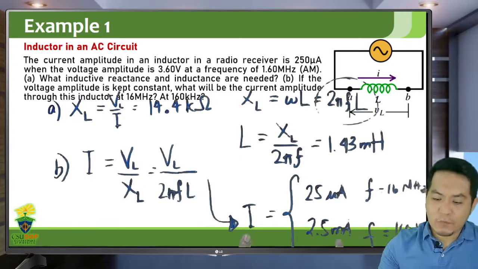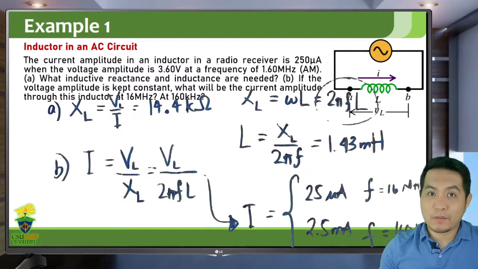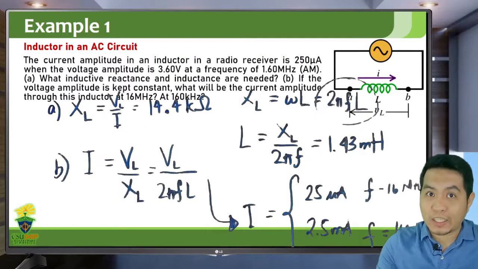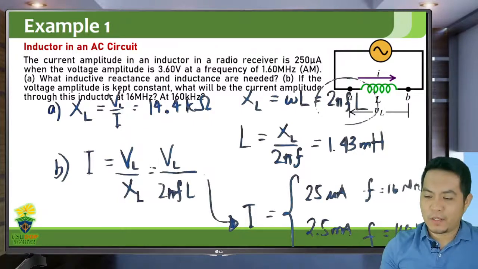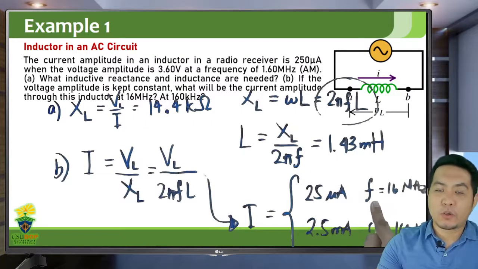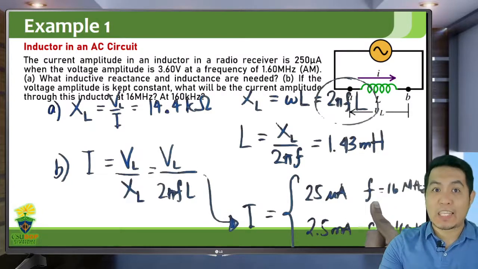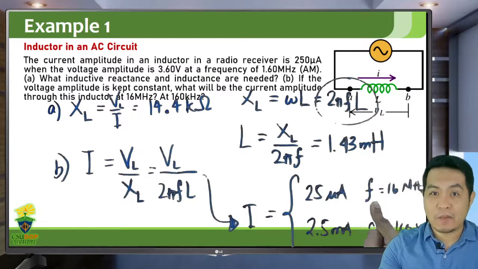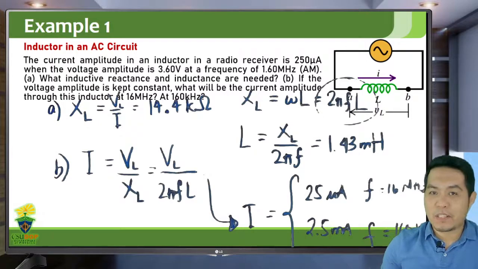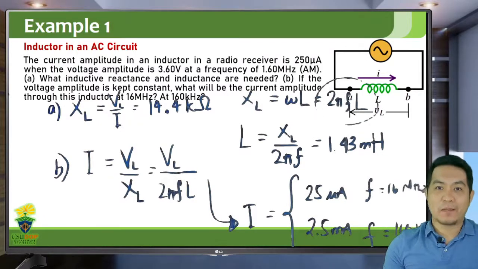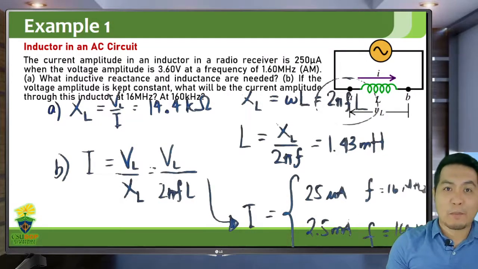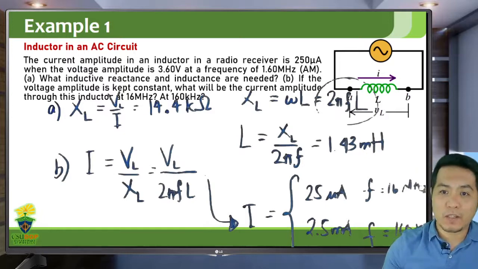If you are changing the current amplitude, that's AM, amplitude modulation. You control, or modulate, the current. But if you are modulating the frequency, that is FM, frequency modulation. So that's basically radio: AM, FM, amplitude modulation, frequency modulation.